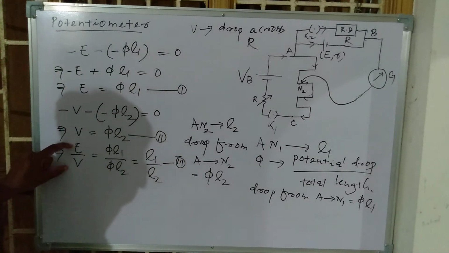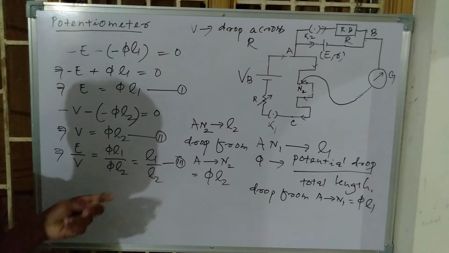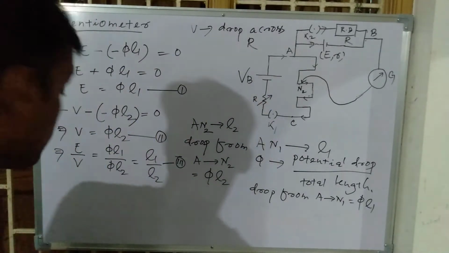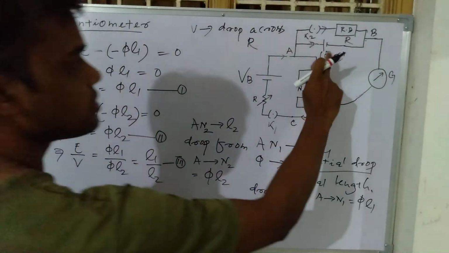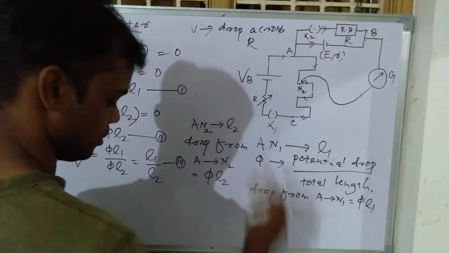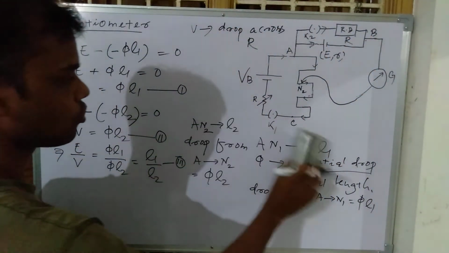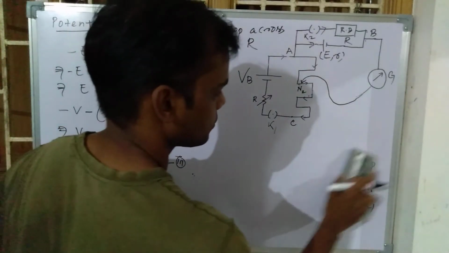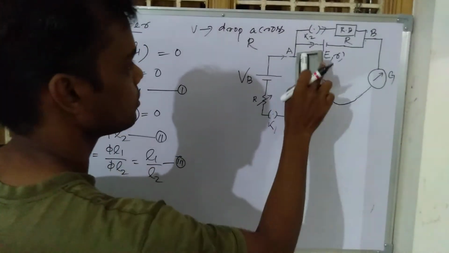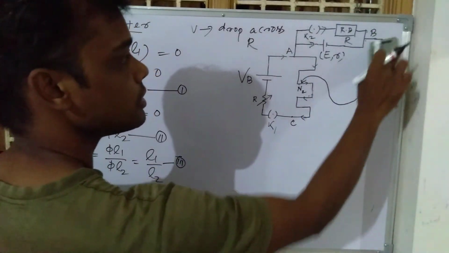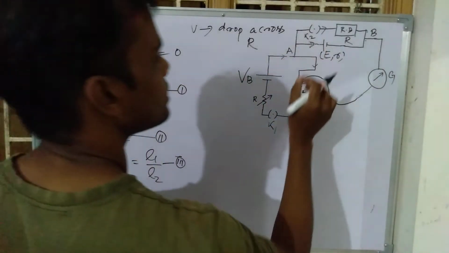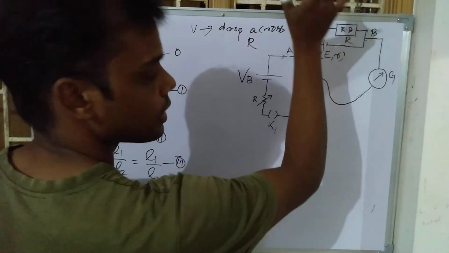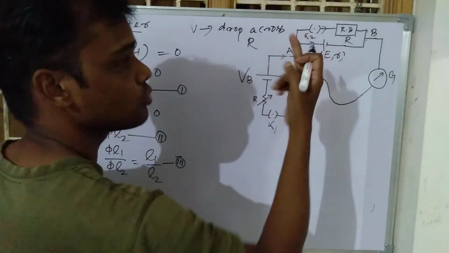But in this case there is no sign of r here, that is the internal resistance of the cell. So how to find it out? Now consider this portion, only this portion. I am erasing all of this, no more required. If you consider only this portion, we can easily see that the total potential drop from this point to this point is V. Now we can resemble it to a particular cell.